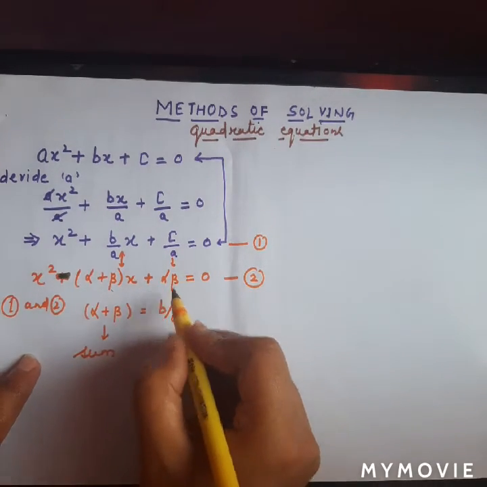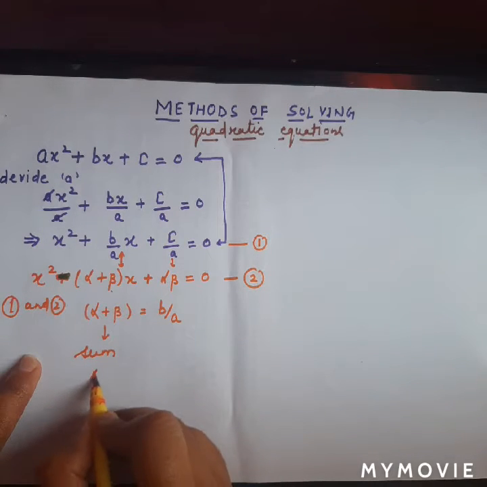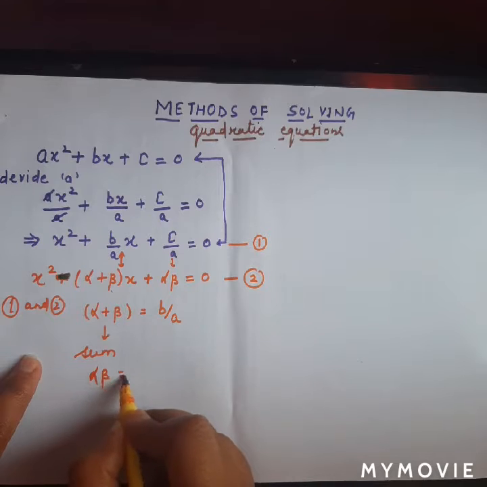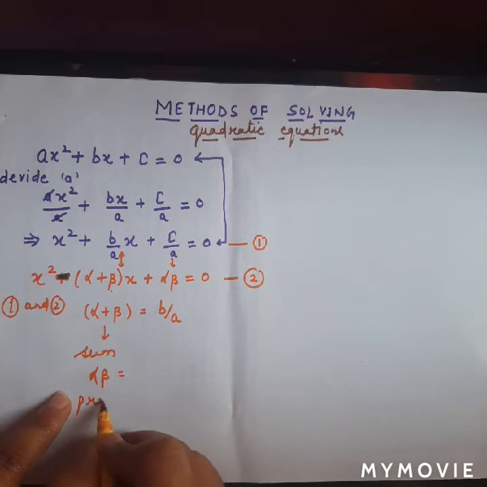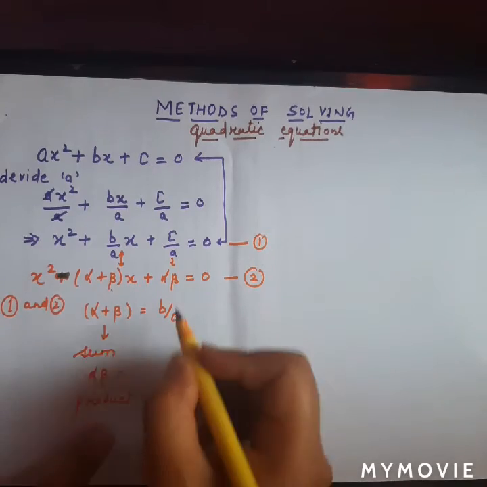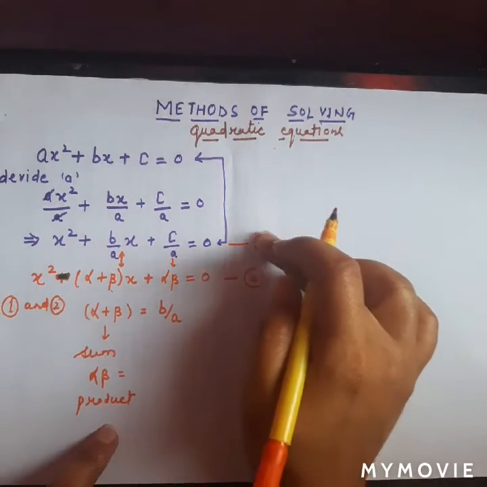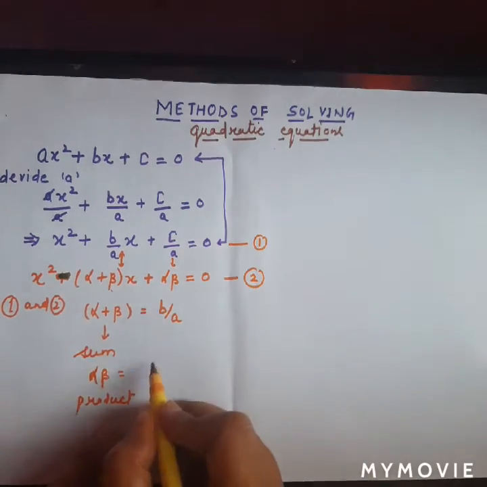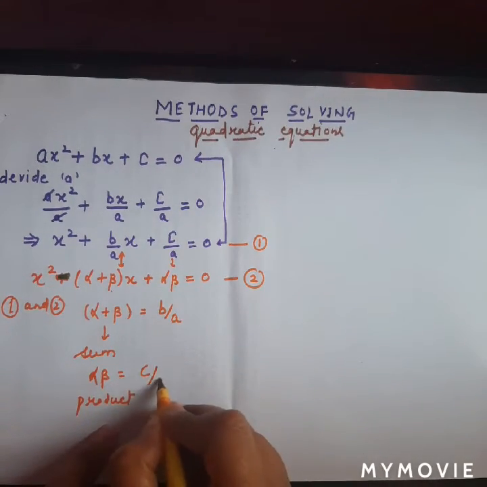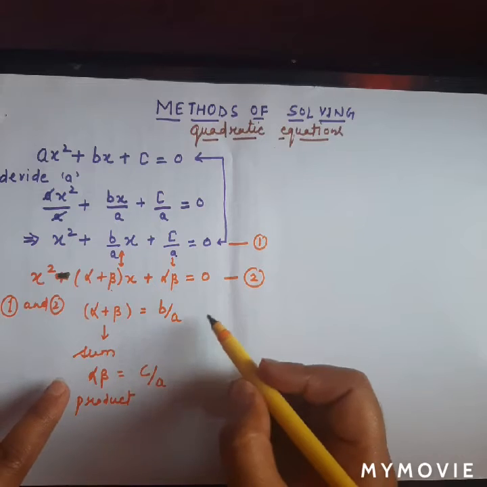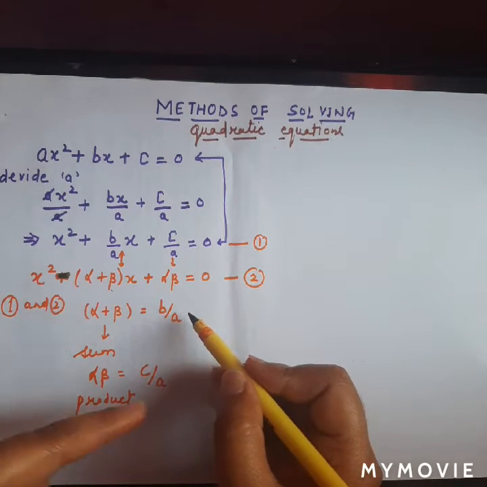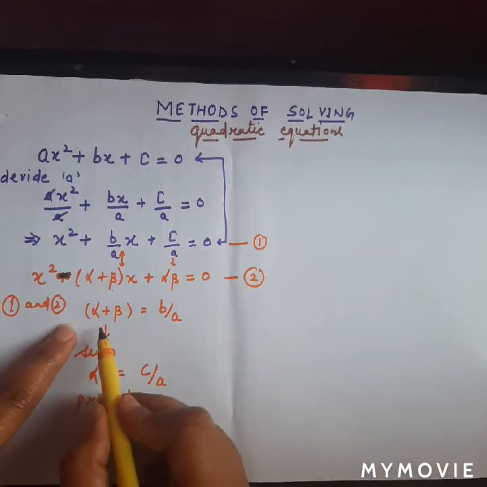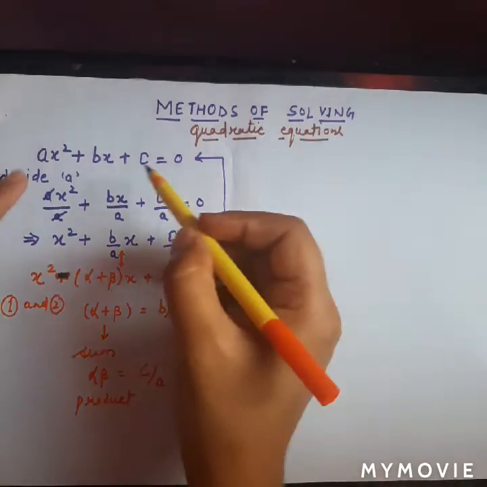And alpha into beta means the product of the roots, and after comparing these two equations, the product of the roots will be equal to c upon a.